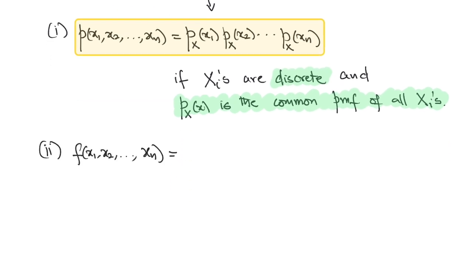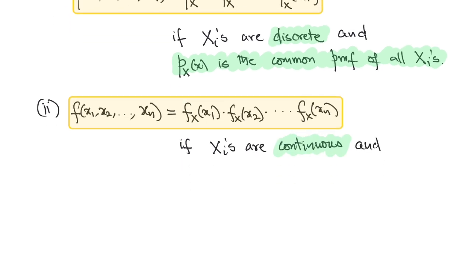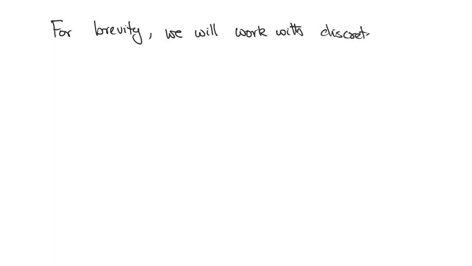If the xi's were continuous random variables, we will be working with the joint probability density function that is constructed using the common probability density function f sub X of x. For brevity in this video, we will generally work with only discrete random variables. The continuous case is very similar.